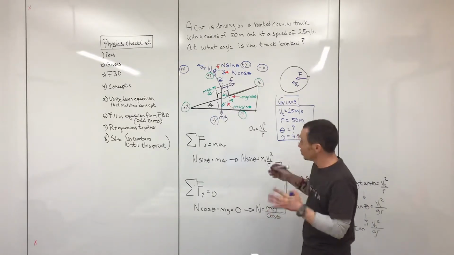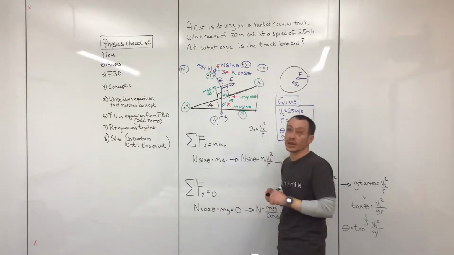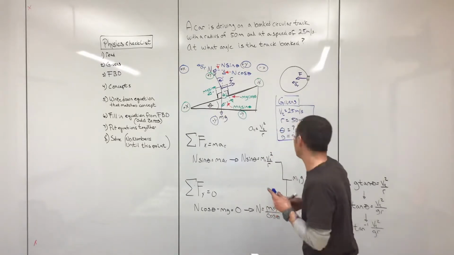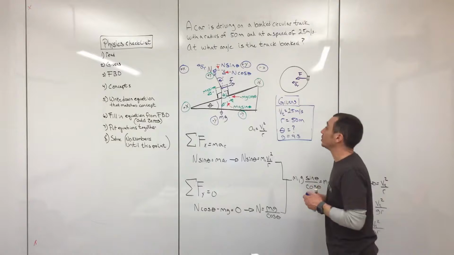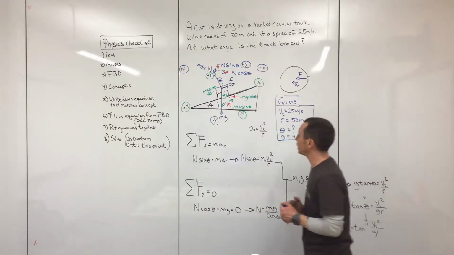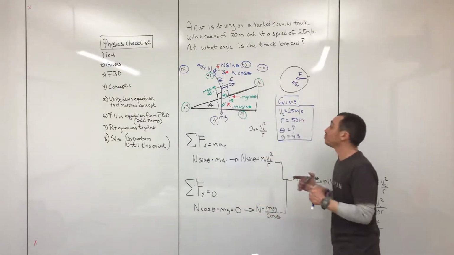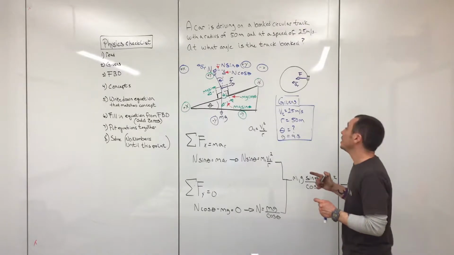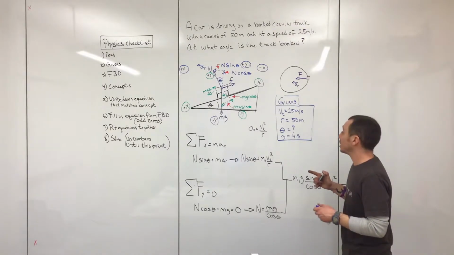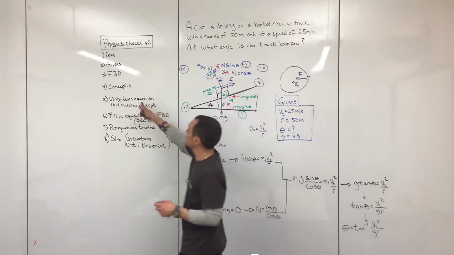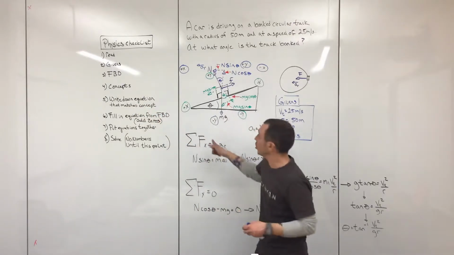We were just given forces, so Newton's law is how we want to look at these things, okay? That's very, very important to understand. Okay, so what we want to do is follow our physics checklist and write down the equation that goes with those concepts.